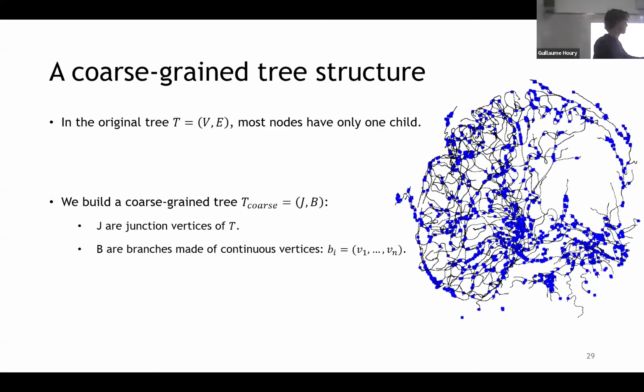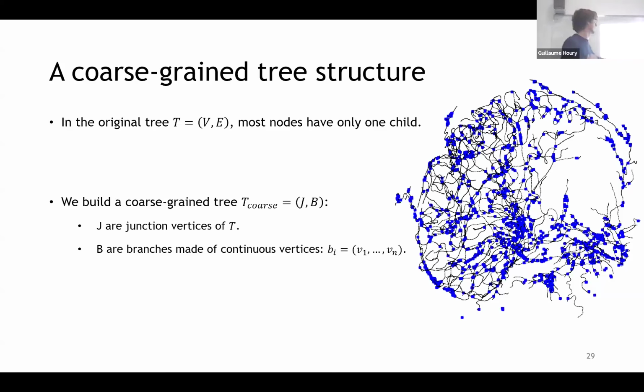So the vast majority of the vertices only have one child, and so we can condense them to construct a coarse tree structure that completely describes the topology of the original one, with just a few hundred nodes.